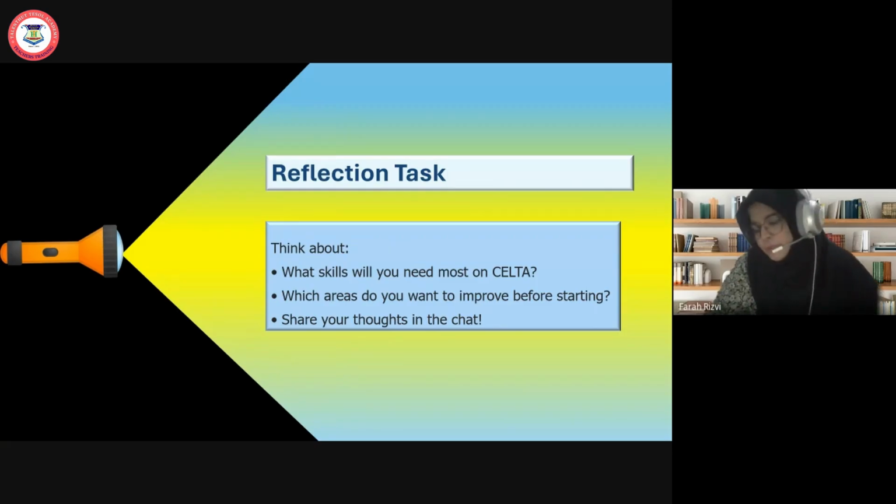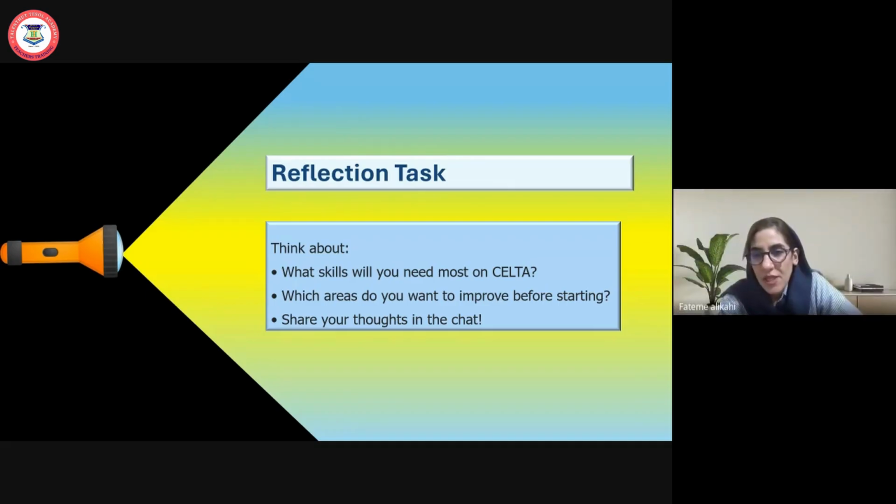You can share your answer in chat if you don't want to speak. Masuma has written lesson planning, clear objectives, structured PPP or TTT lessons. We didn't have TTT lessons, right?